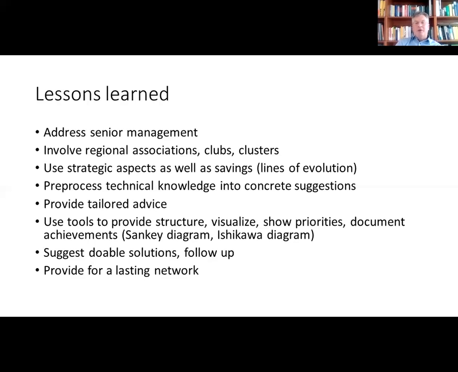In this process, Sankey diagrams and fishbone diagrams are really useful to provide structure to the procedure, to visualize material and waste flows, to show priorities, and to document achievements when options were implemented. To provide for a lasting network, the series of workshops will be continued in different regions of Austria.